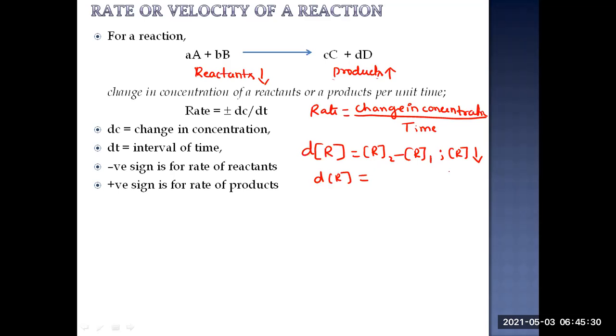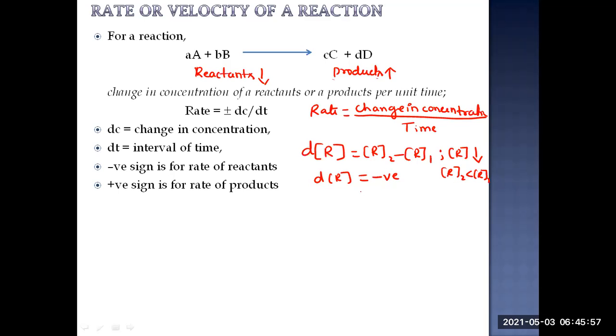So the final concentration, R2, is less than R1 because concentration is decreasing. After say 5 minutes, the concentration of reactant is less than the concentration of reactant before 5 minutes. So R2 will always be less than R1 during the course of the reaction. So when you take the difference delta R, it becomes negative. Okay, let it become negative.